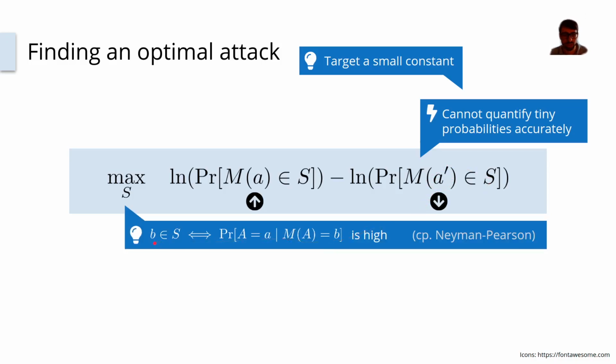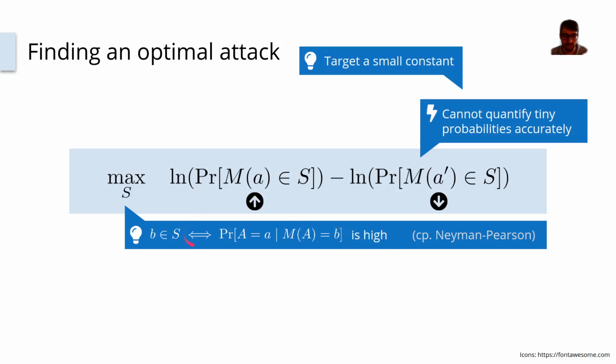This means that a candidate element B of S should be in the set if and only if the probability that the input was A is high, given that the output is B. This has some deep connections to the Neyman-Pearson lemma, which is discussed in more detail also in the publication.